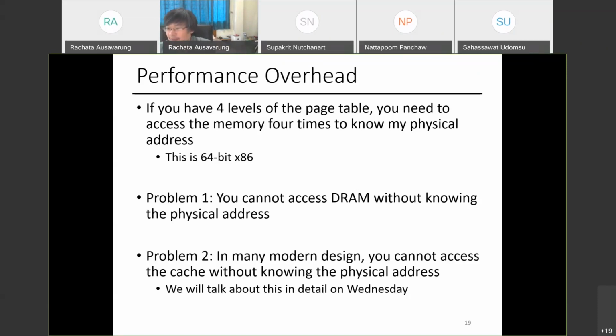Okay, so let me read the question. As we need to access 4 levels to get the PA for a 64-bit machine, does it make a 64-bit machine slower than the 32-bit machine? That's a great question. Yes, it actually makes the translation slower, but at the same time, because you have way more DRAM, you can support more than 4 gigabytes, the fact that you can have more capacity makes it faster.